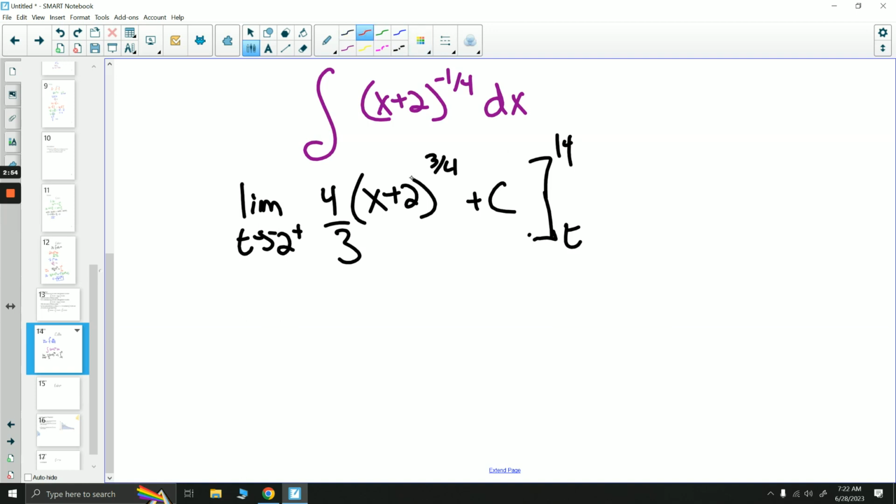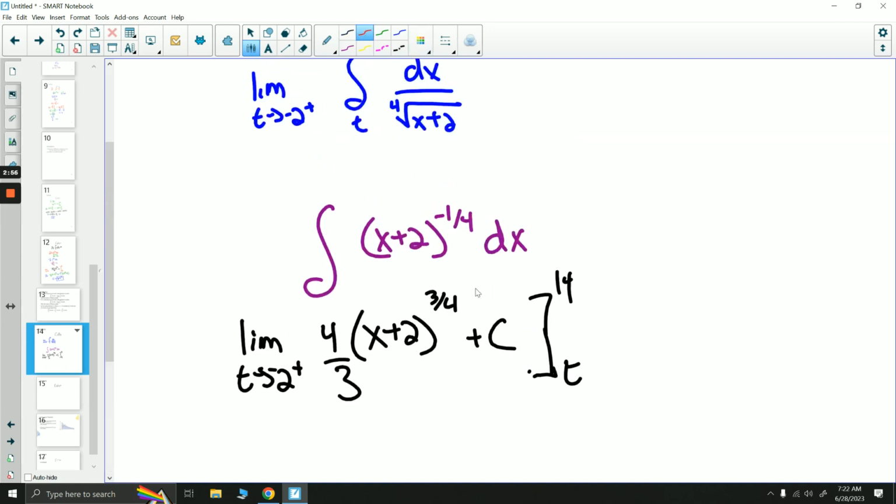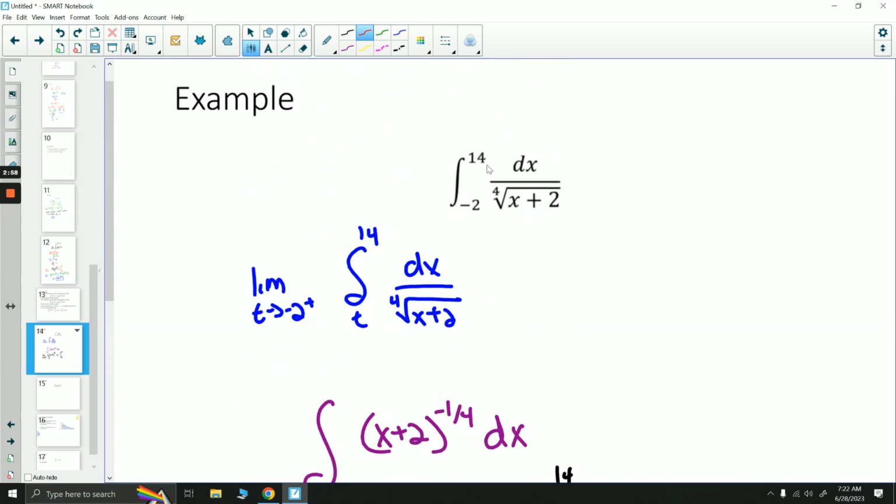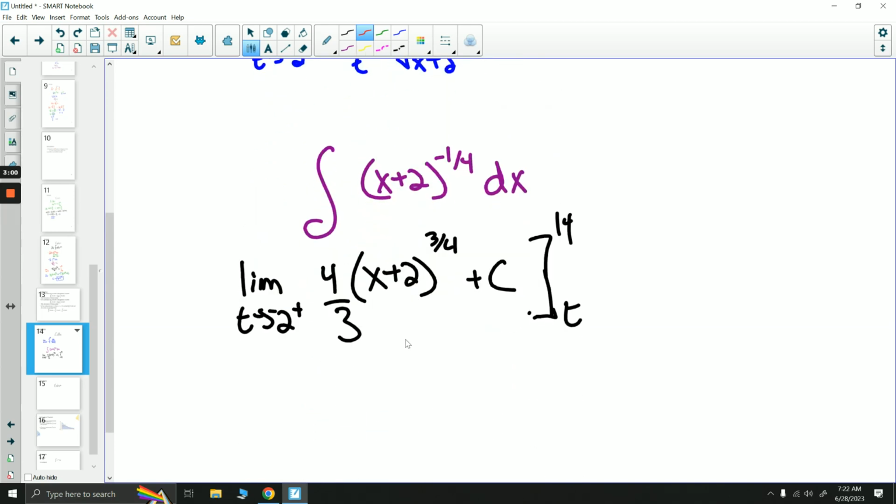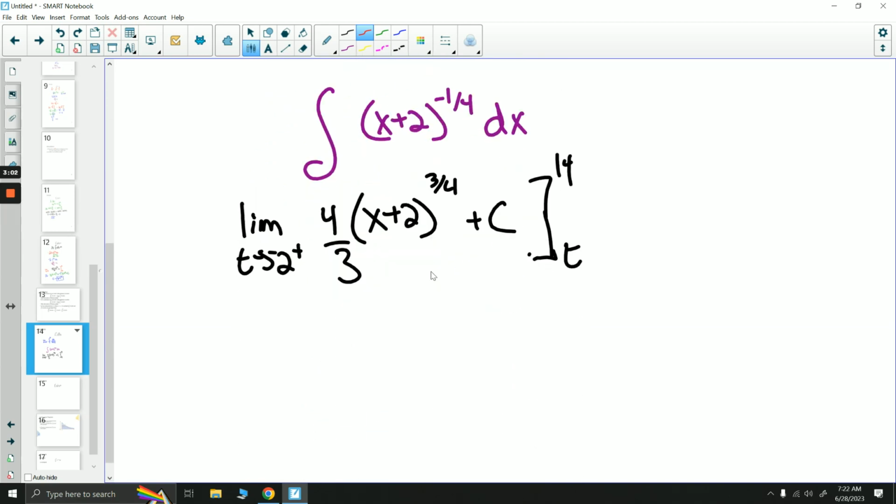Okay, so let's plug in our 14 here. So again, we're going to plug in our upper bound here. 14 plus 2 is going to be 16. We have 4/3 times 16 to the 3/4 plus c, but the c's are going to drop, so I'll draw it anyway. Minus our t plugged in here.